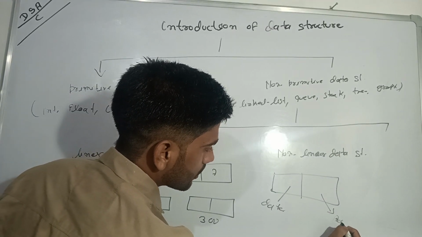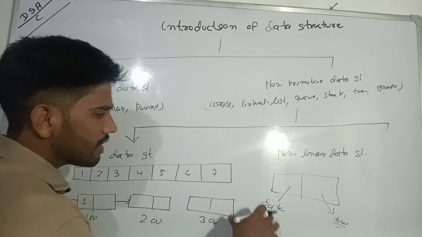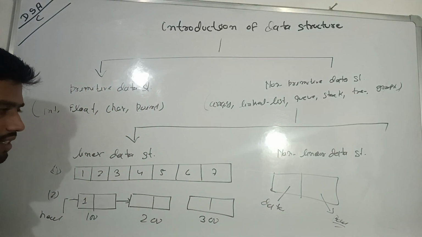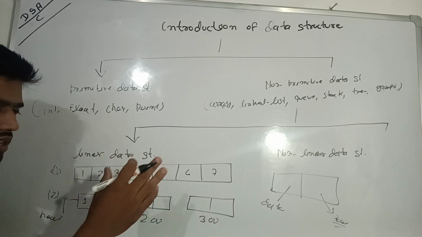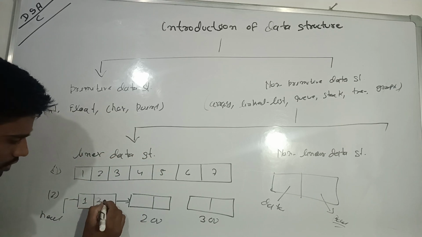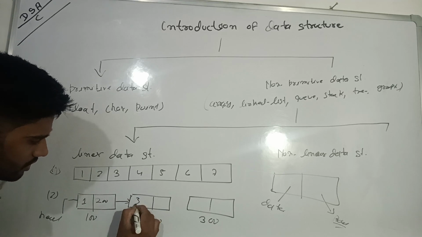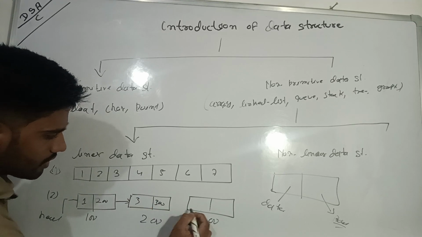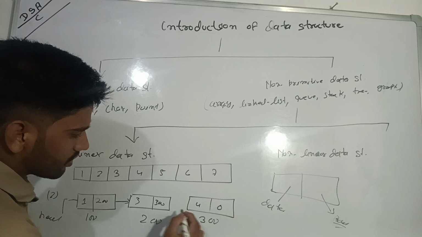The first one is pointed to by the head. Although there are types of linked list, we will discuss them in another video. Here the addresses are 200, 300, 400, and here is 0.